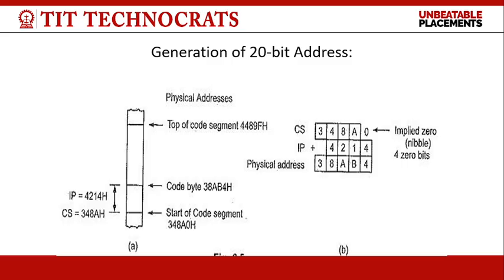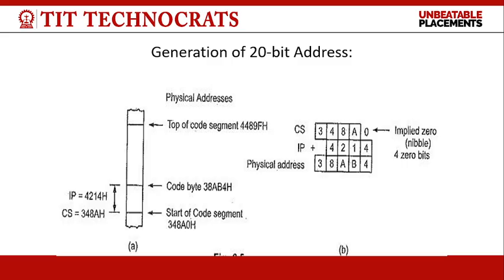The content of the code segment is, suppose, 348A hexa. This 348A hexa is shifted 4 locations to the left and 4 zeros are padded, so the implied 0 shows that the base address of this memory segment is now 348A0 hexa.